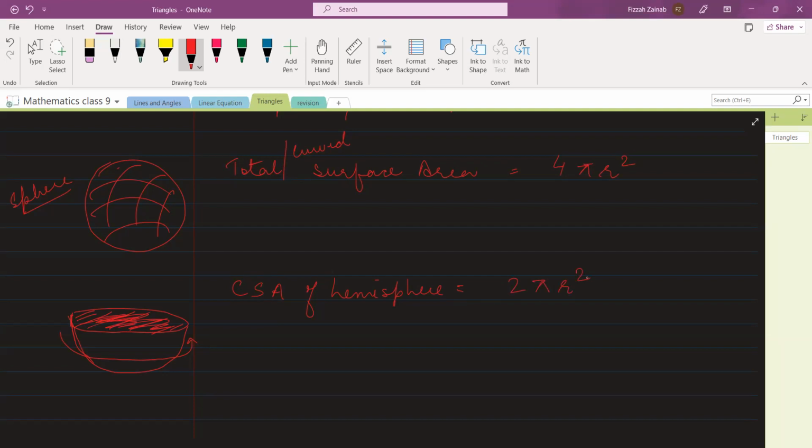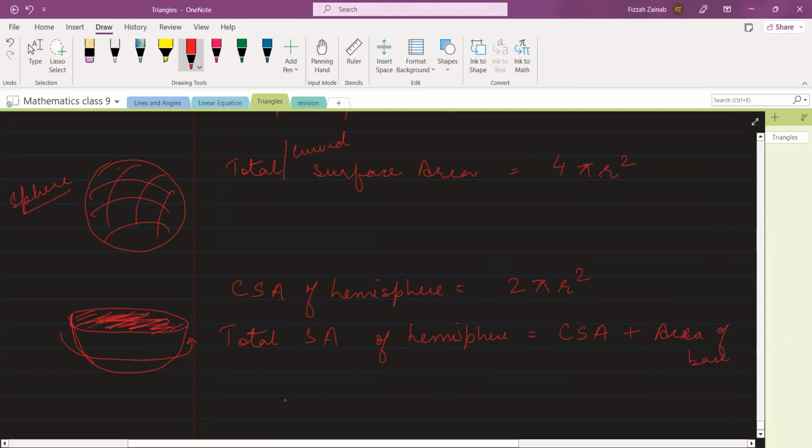All right. Now if we find total surface area of hemisphere, or TSA, so total surface area means curved surface area plus area of base, right?